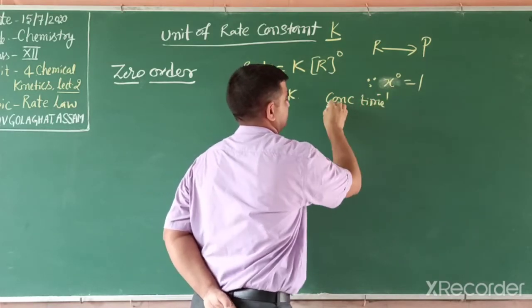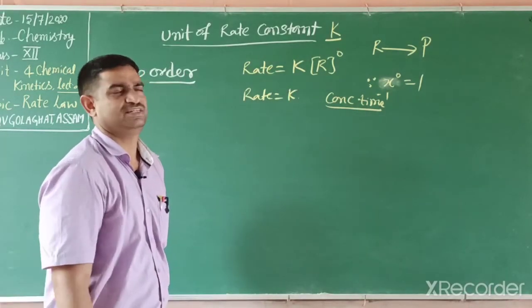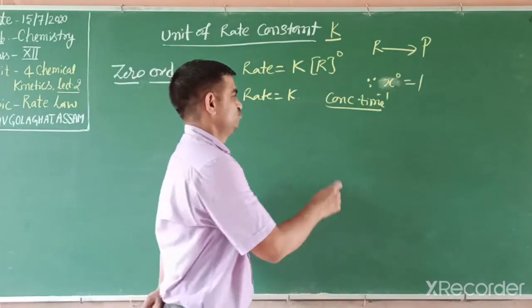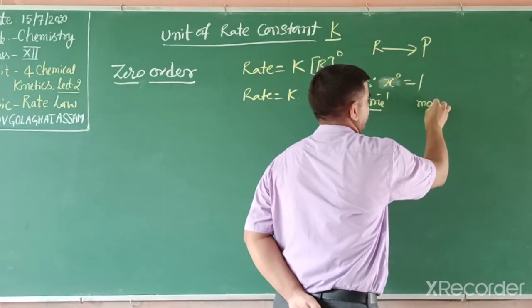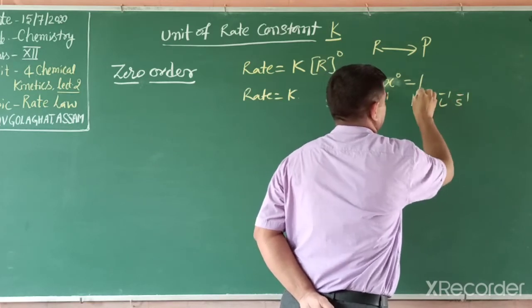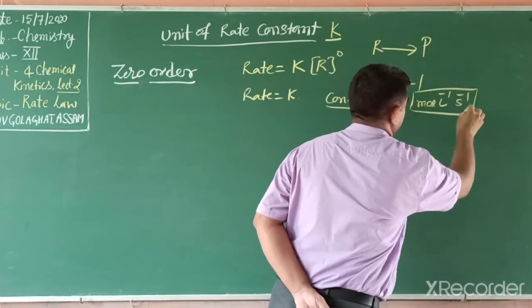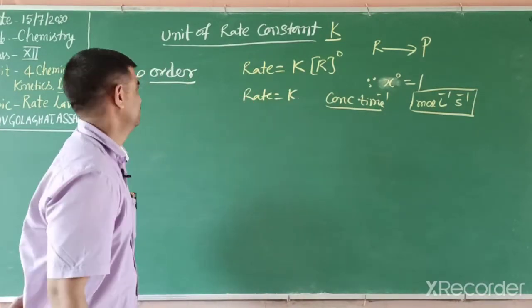Rate is change in concentration by time interval. How can we write concentration in molarity? So mole per liter second inverse. So for zero order, the unit of rate constant is mole liter inverse second inverse.